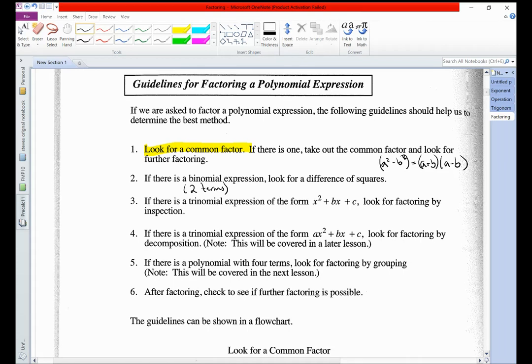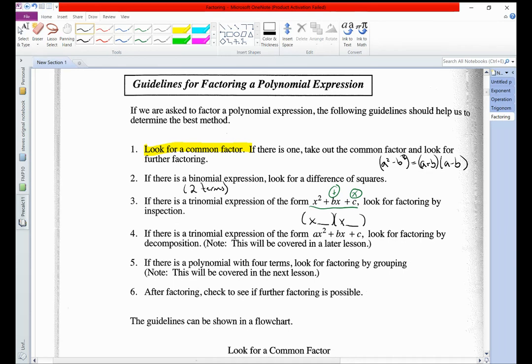If there's a trinomial expression in the form of x squared plus bx plus c, those are the ones we just did, look for factoring by inspection. So that would be 2 numbers that multiply to c and add to b. And then you could split that into x and x, and then just find those last numbers there.